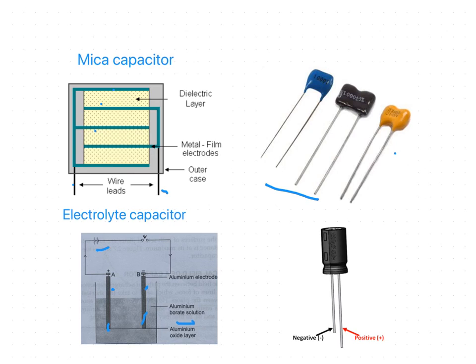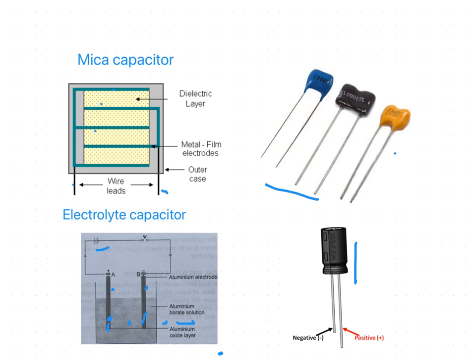Due to electrolysis, a fine layer of aluminum oxide is formed on plate A. This layer acts as a dielectric medium, whereas the entire solution along with plate B acts as cathode. Since the thickness of the dielectric is very small, the capacitor has a large capacity.